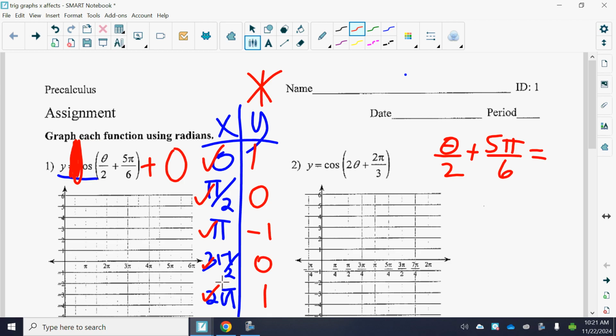Does that make sense? If it doesn't, say so. I'll try again. You see, now if you plug in 0, you're not going to get 0, because you're going to have to divide 0 by 2 and then add 5 pi 6.